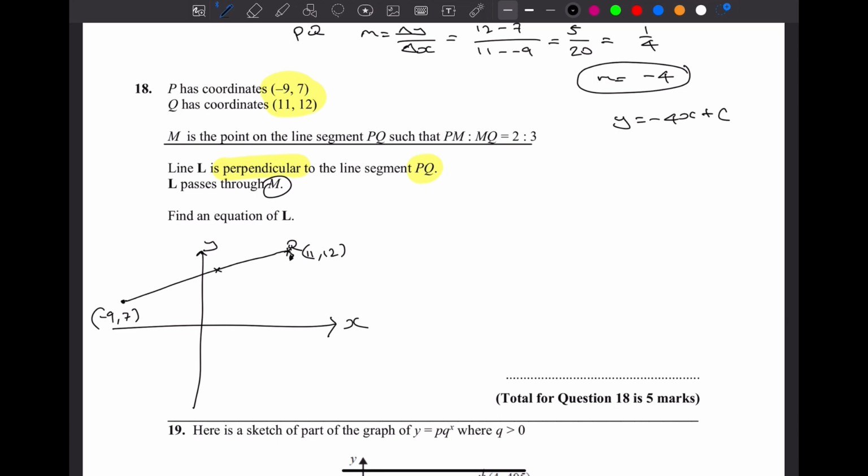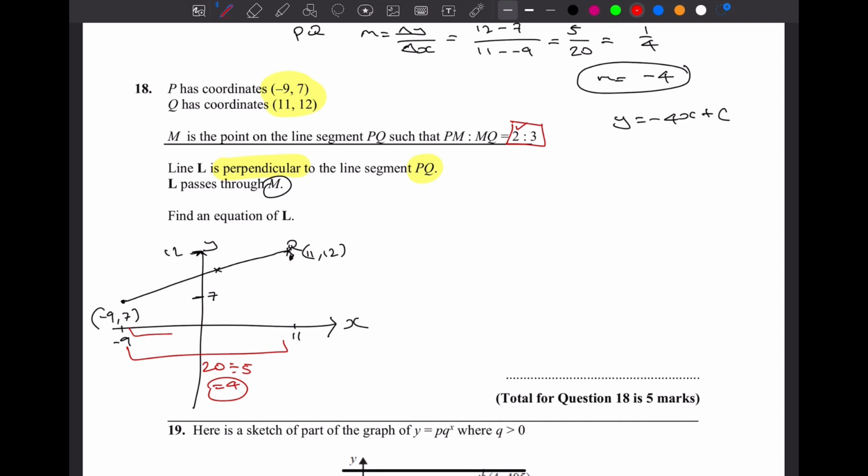That's minus 9. That's 11. That's about 12, and that's about 7. It's split into 5 parts, remember? Minus 9 to 11 is 20, divided by 5 parts, that makes 4 for each. P to M is 2 parts, so 4 times 2 is 8.